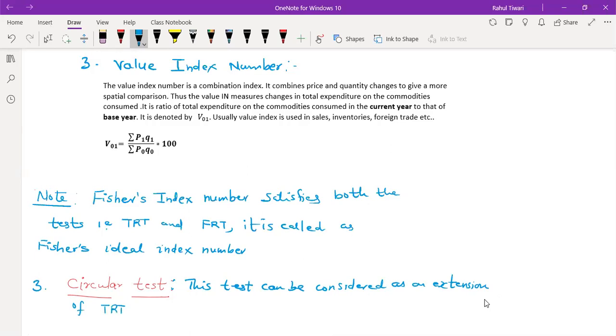So this test can be used when you have an extension of TRT, and you know what TRT is. A formula is said to satisfy the circular test. This is the condition when it is satisfied.